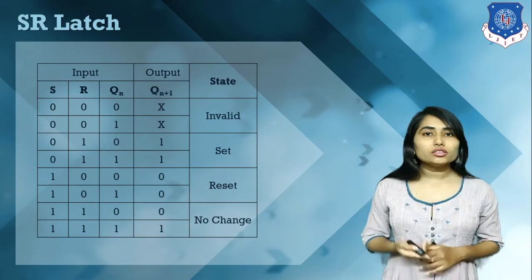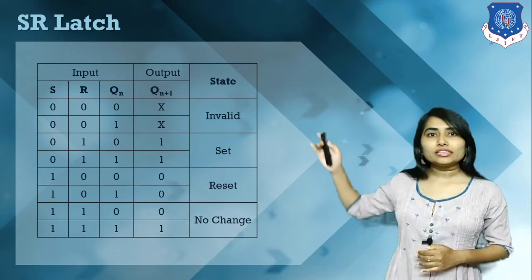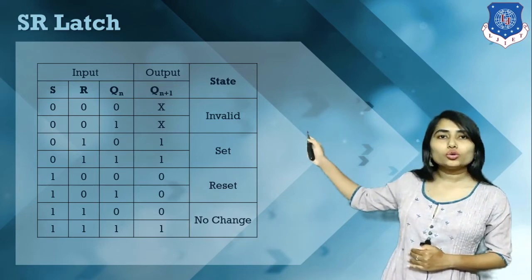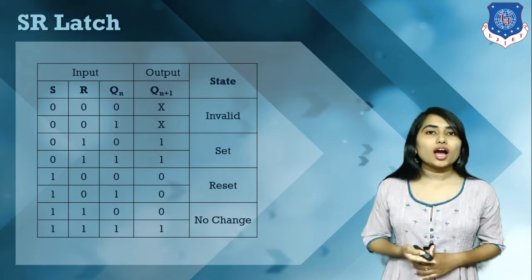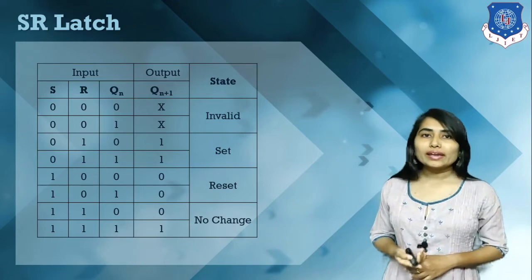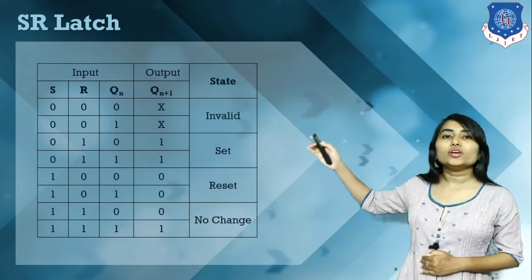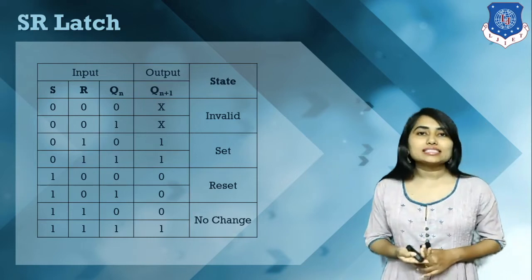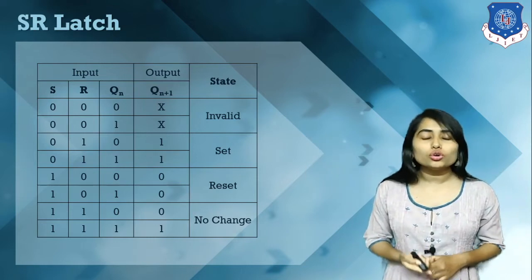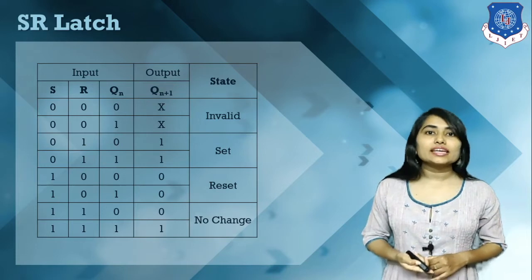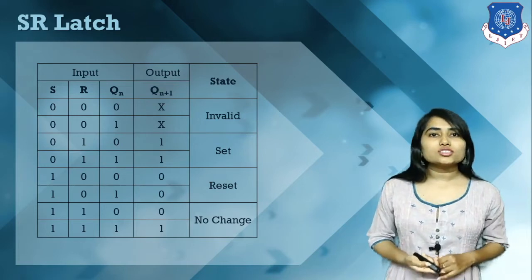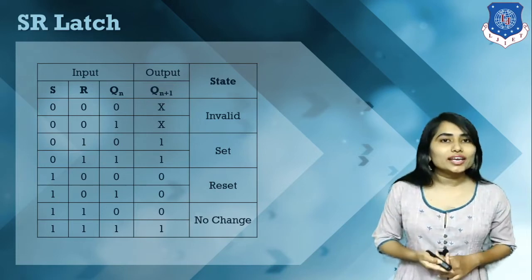So whatever the input conditions given in terms of S, R and Qn, we have Qn+1 outputs accordingly. Now whenever S and R equal 0, 0, we have an invalid state. So this invalid state is represented using don't care conditions.